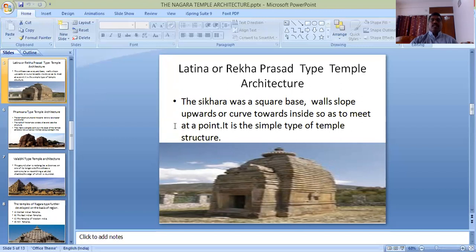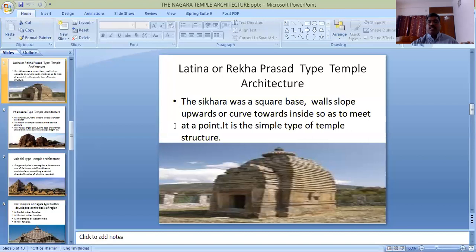That means the Latina or Rekha Prasad type temple architecture has a square base, and the walls slope upwards or curve towards the inside so as to meet at a point. It is a simple type of temple structure.